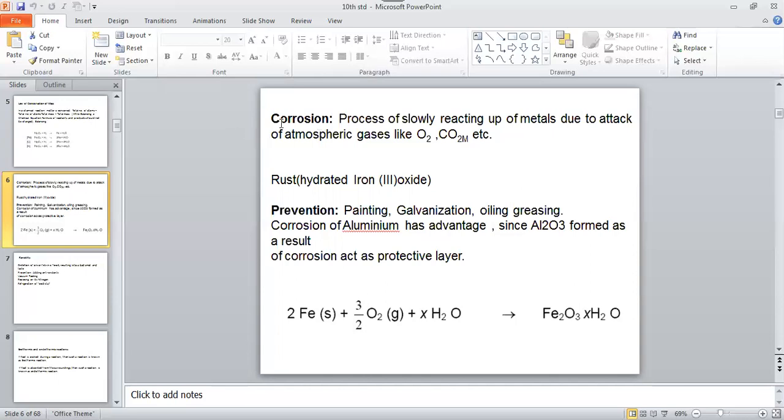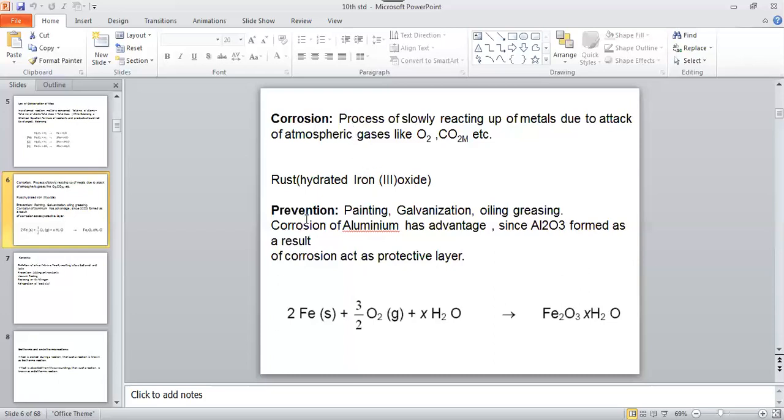This process is called corrosion. It is the process of slowly reacting metals due to attack of atmospheric gases like oxygen, carbon dioxide, and water vapors. Here, the corrosion of iron metal is called rusting. Rusting of iron gives hydrated iron(III) oxide. So that is corrosion.